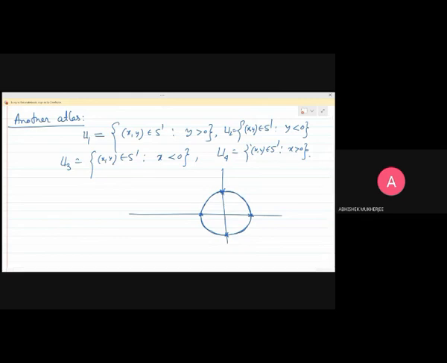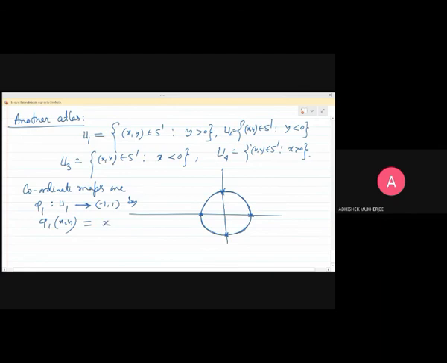Using these coordinate neighborhoods, you need to define the associated coordinate maps. So phi 1 from U1 to R, onto (-1,1), is defined by phi 1 of (x,y) goes to x.